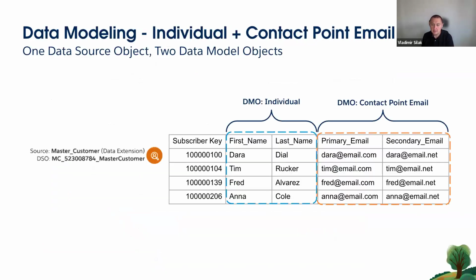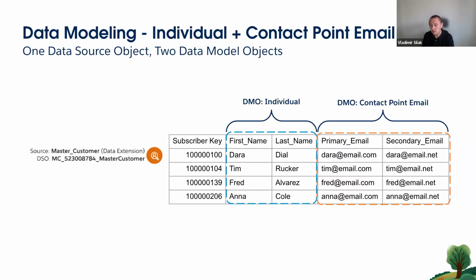All right, there's another example, and it's something that I was referring to with regards to normalized tables, because you'll find that more often than not you've got one row of information, but you need to transpose it into more than one. So in this example, every subscriber has a first name and last name, but they've got two different email addresses.